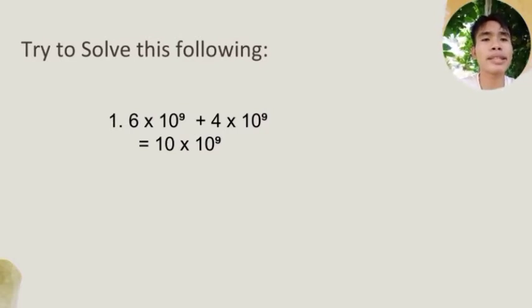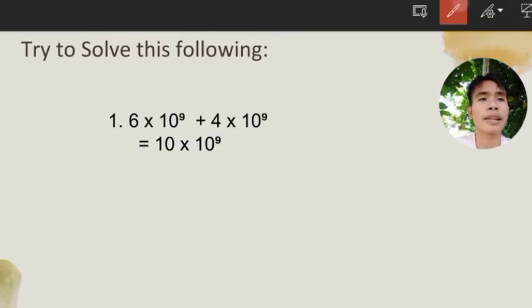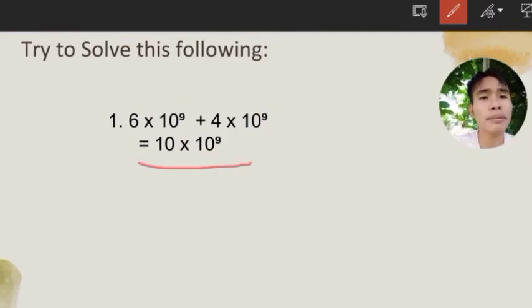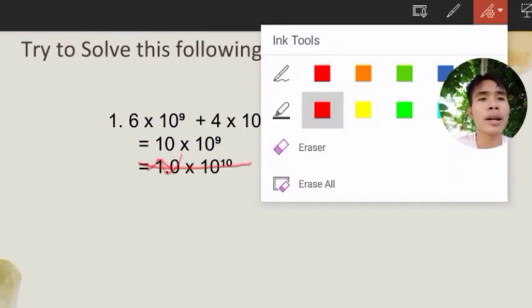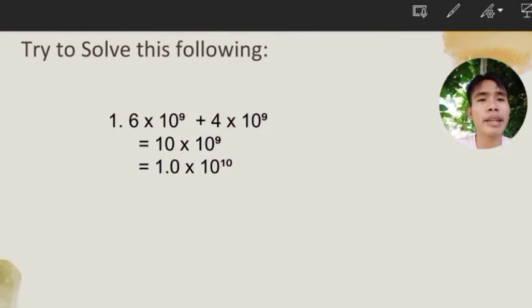Since this is what we call an improper scientific notation, because the coefficient is over 10, and in scientific notation the coefficient must be at least 1 but less than 10, we move the decimal into 1 place. So it becomes 1.0 times 10. Then since we moved the decimal, we add 1 to the exponent.